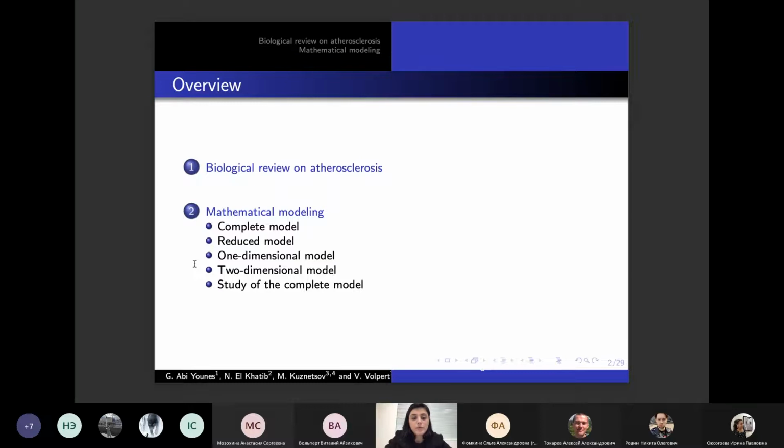In this part, we are going to propose a complete model that describes the biological processes described in the first section. Then, for the sake of ease, we are going to reduce this model. I will show some results in the one-dimensional and two-dimensional cases. And finally, I will go back to the complete model to give some conclusions and results. So let us start.